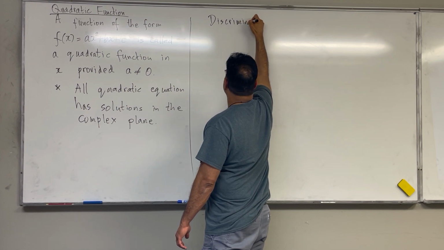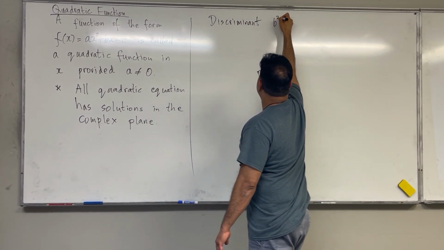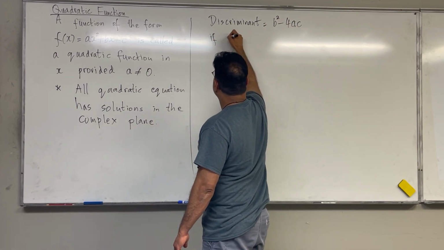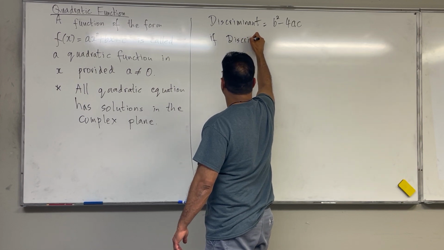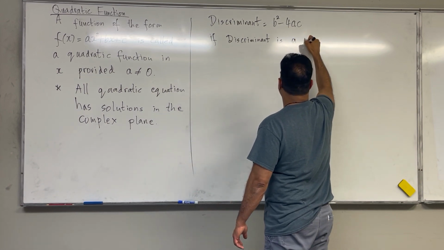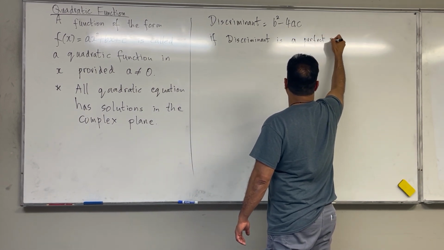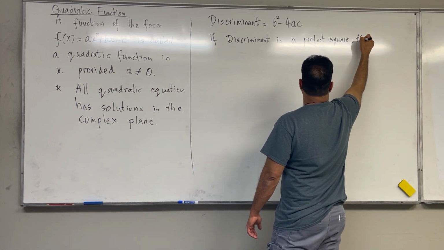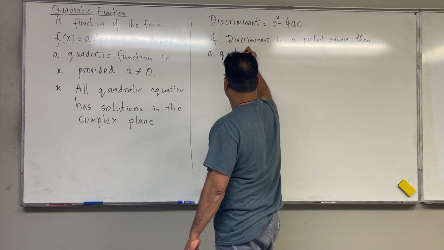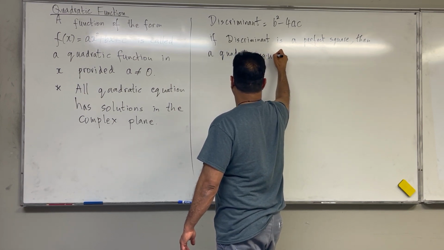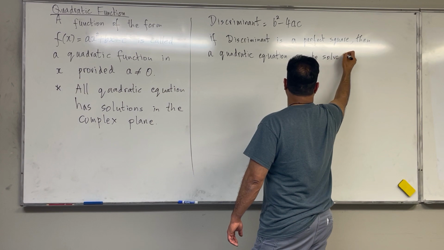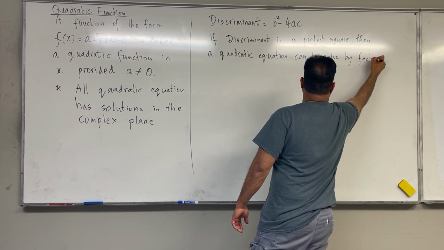The discriminant is this quantity, b² − 4ac. And note, if the discriminant is a perfect square, then the quadratic equation can be solved by factorization.